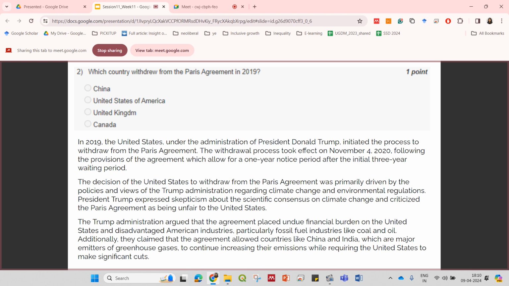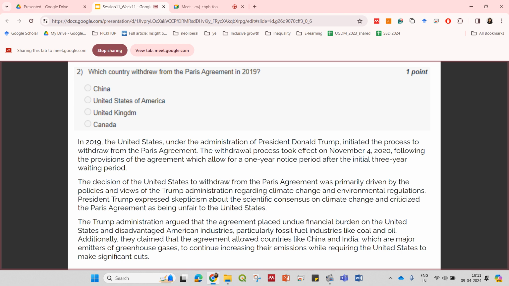What the Trump administration felt was that the regulations were not fair towards the developed countries. And also, President Trump expressed skepticism towards the scientific consensus on climate change, that climate change is occurring, and if we do not reduce our emissions, the global temperatures will rise by 1.5 degrees or 2 degrees, as we have visualized two scenarios.